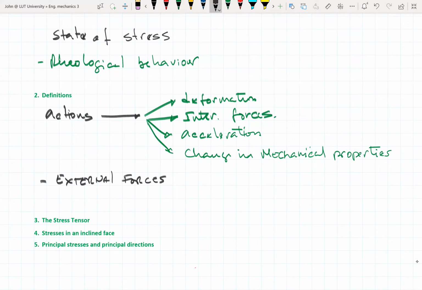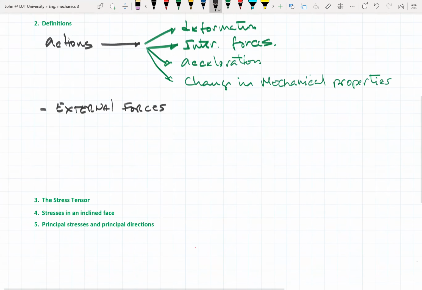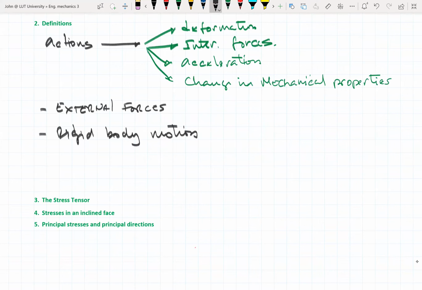Inside of external forces we could also have mass forces, that is the own weight of the part. We can have rigid body motion, and for sure we could have deformation.